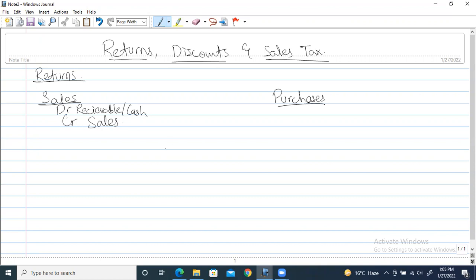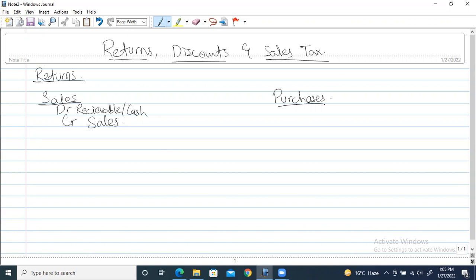Basically if it is on credit, we create an asset known as receivable, and that shows us that we have to actually receive cash from our customers. We have not received it yet. And secondly, if it is on cash, we receive the cash. So cash is an asset, it's increasing, so it's debited. And credit, we do sales, because sales was a group 2 item. That's why sales is always credited when it's increased.